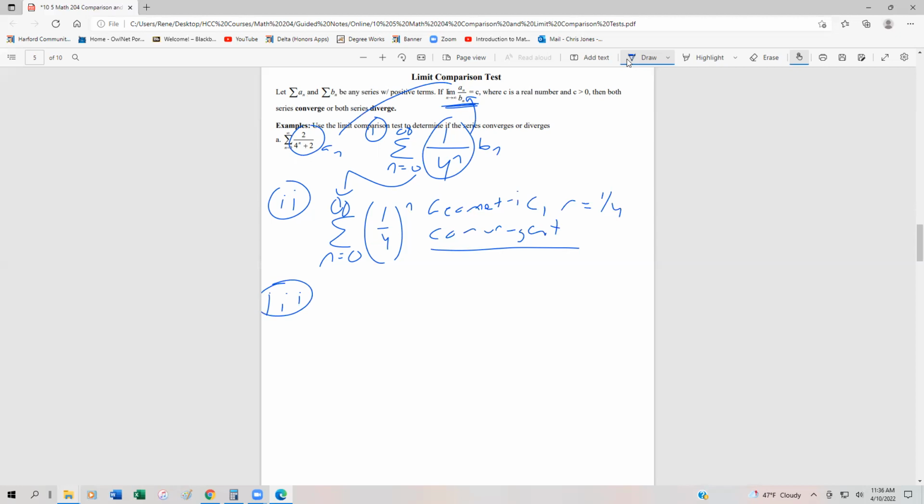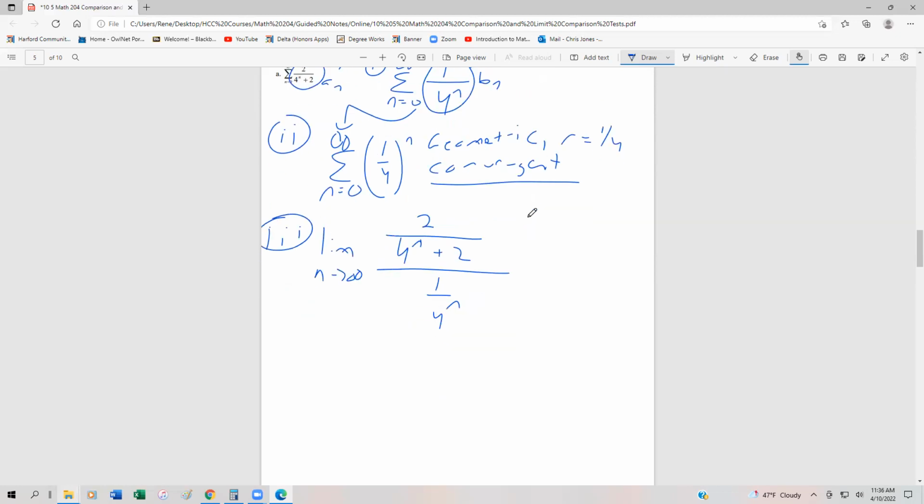It's going to be a little bit ugly at first, but it'll clean up nicely. The limit as n approaches infinity; a sub n is going to be 2 over 4 to the n plus 2. And then we're going to divide that by 1 over 4 to the n.